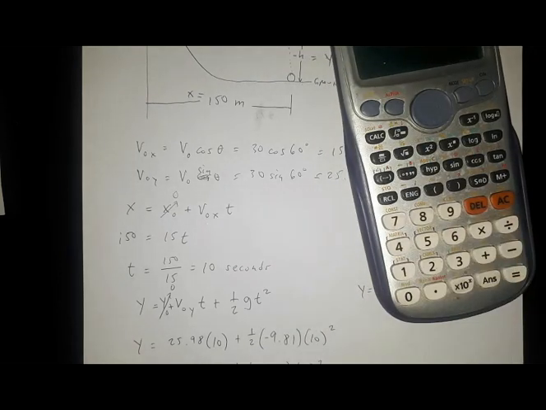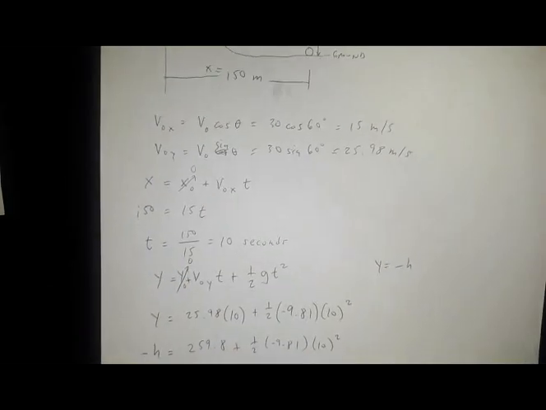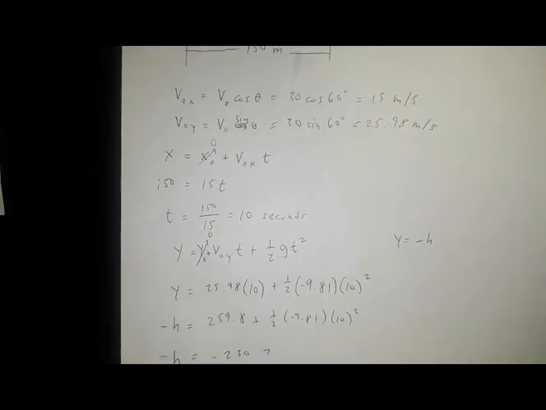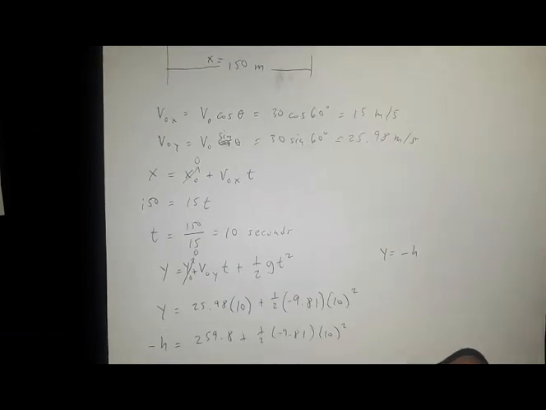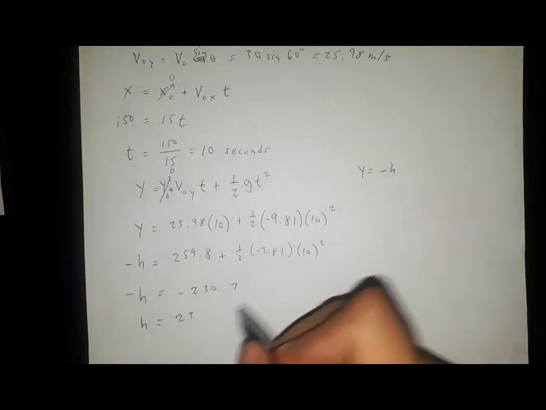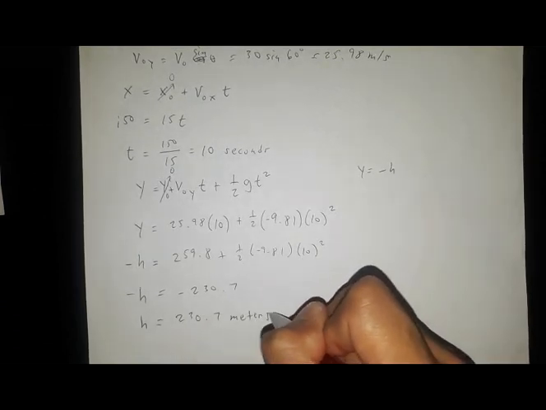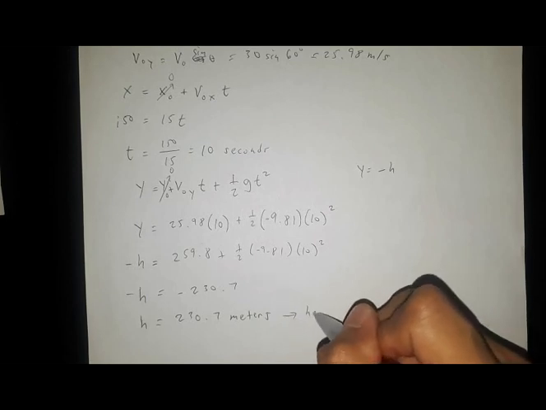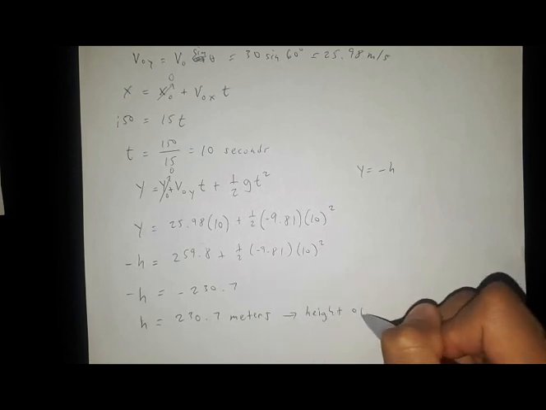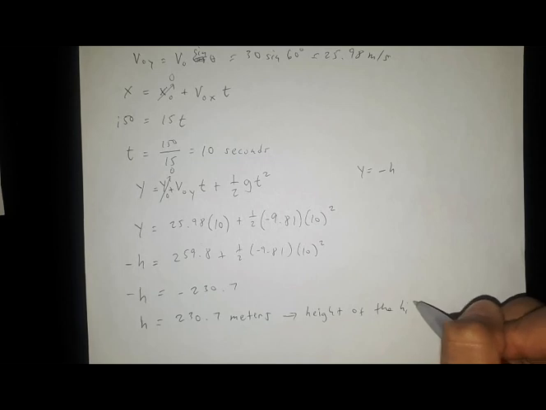So negative h equals negative 230.7. So your h is equal to 230.7 meters, and that is the height of the hill.